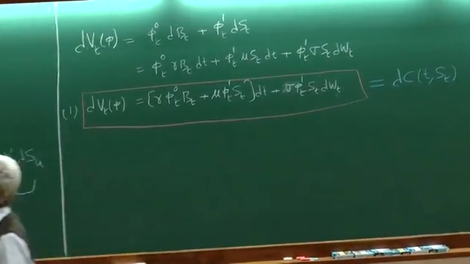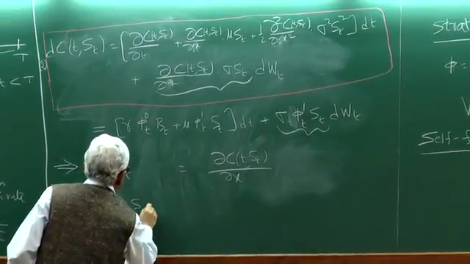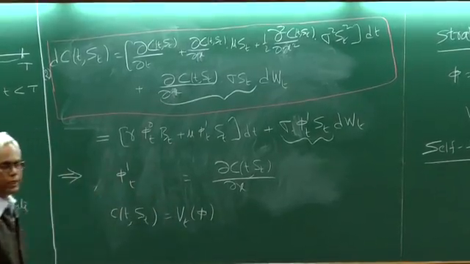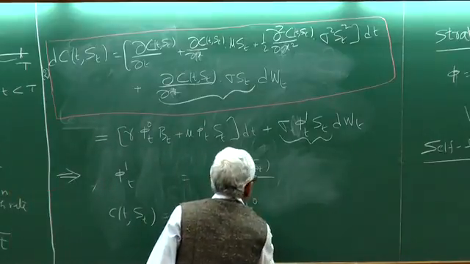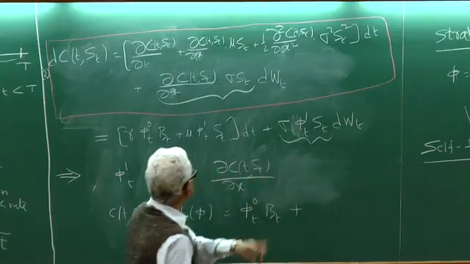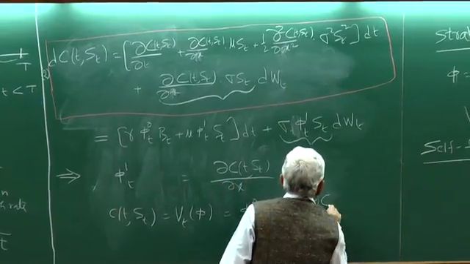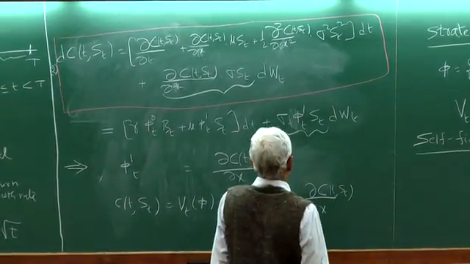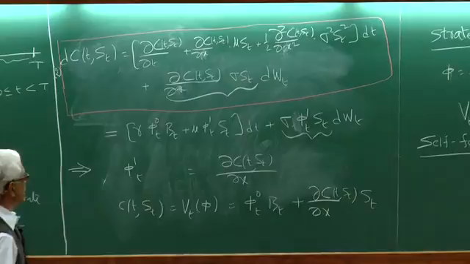So C of t, S_t is equal to V_t of phi, but V_t of phi is phi 0 of t B_t plus phi 1 of t into S_t. But phi 1 of t has been calculated, del C over del x evaluated at t, S_t times S_t.